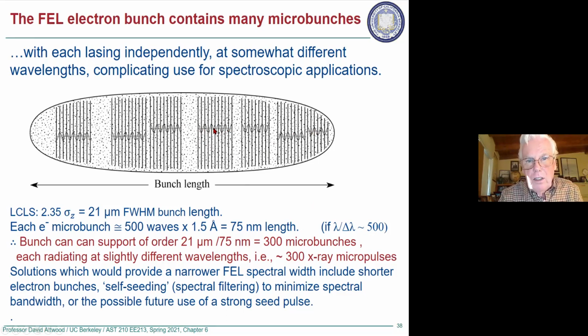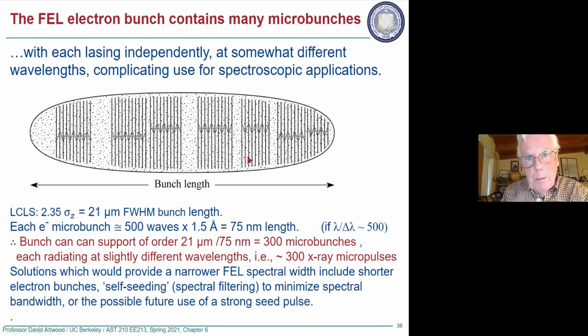So each one of these little electron waves could have a length of 500 waves multiplied by the wavelength. So each of them could be about 75 nanometers long.